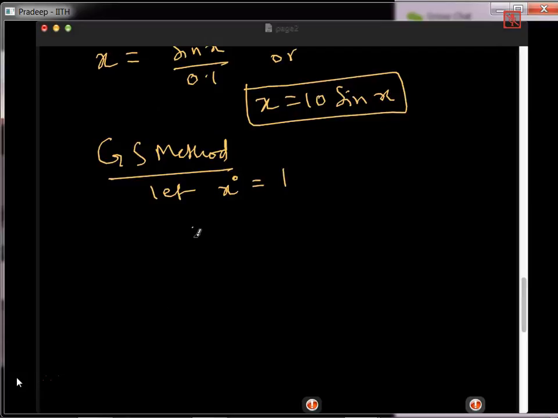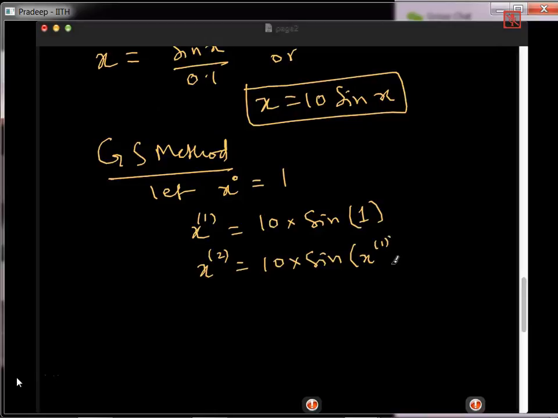Then x1 equal to 10 into sine of 1. Whatever you are getting, then x2 equal to 10 into sine of x1. Then x3 equal to 10 into sine of x2. So on like that you continue.